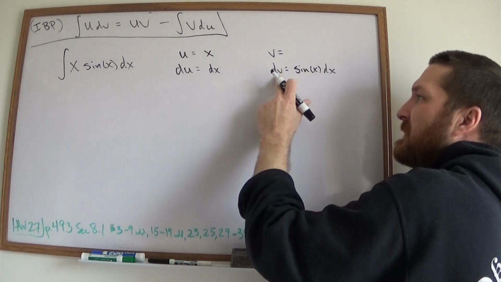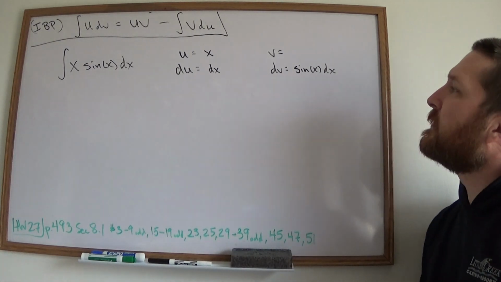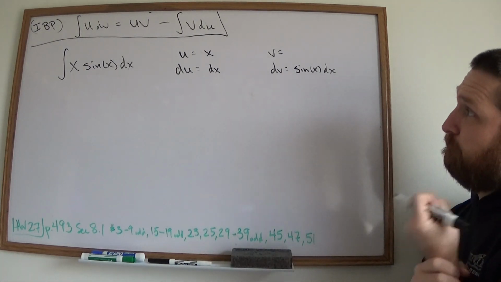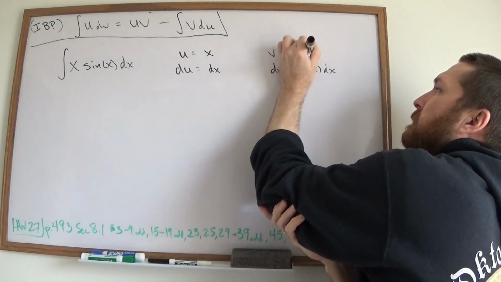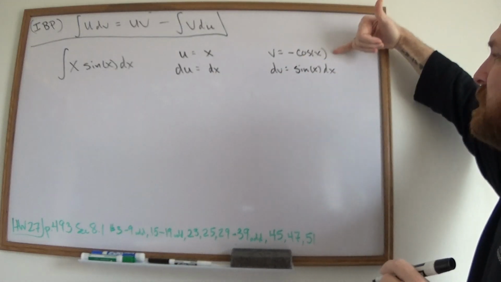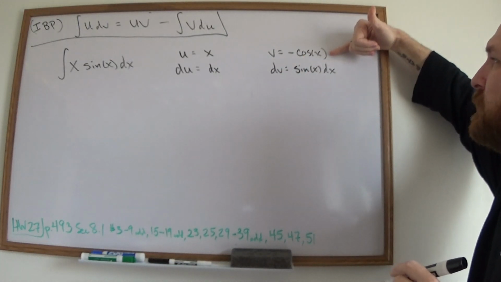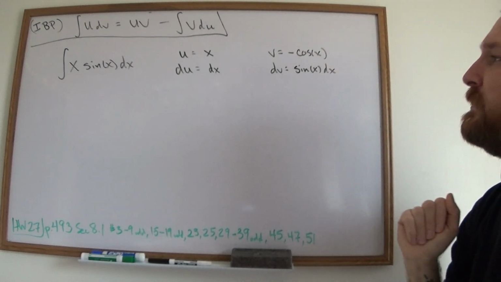If that's a derivative, then what is its antiderivative? Should be minus cosine. And I'm just going to check: if I have minus cosine, I take the derivative, cosine goes to negative sine, so negative, negative, yes. Okay, so we're good to go.